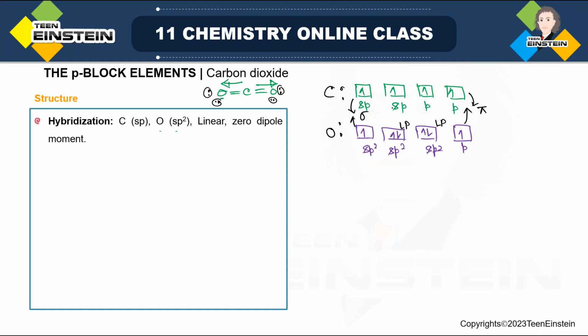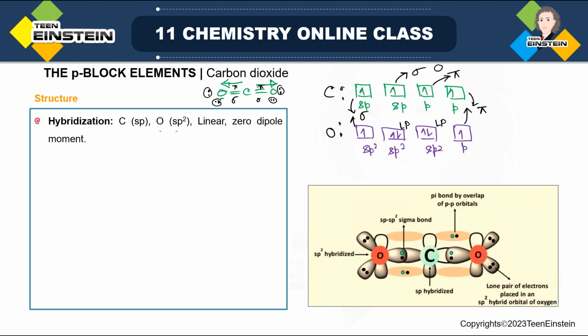Carbon also has another sp, which it will use for sigma bond formation with another oxygen atom, and this pure p orbital electron will also be used for another pi bond formation with the other oxygen. So in this way you can understand the hybridization, and there is one sigma bond and one pi bond on both sides. Okay, no coordinate form.